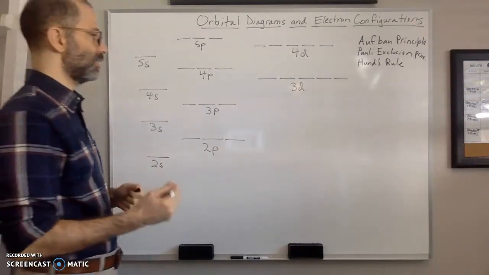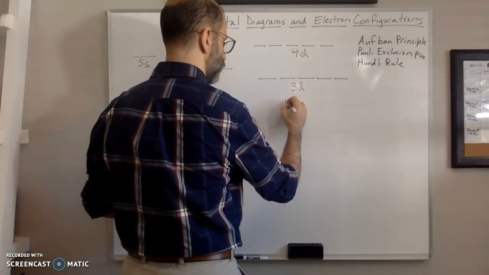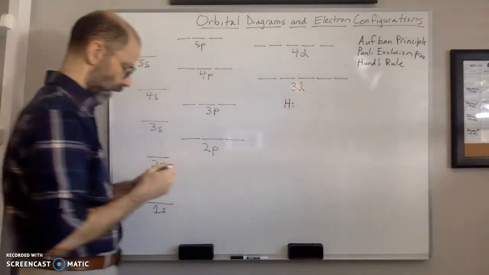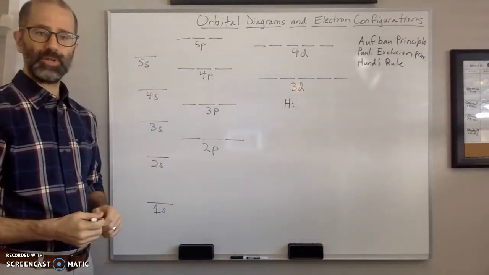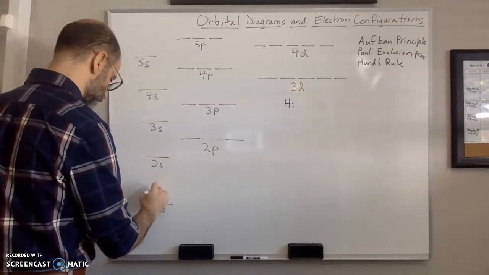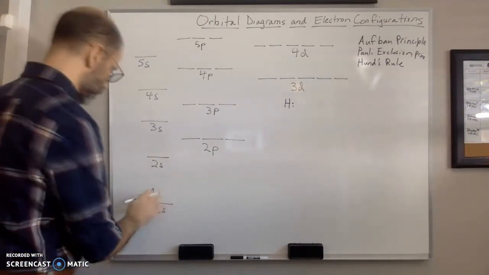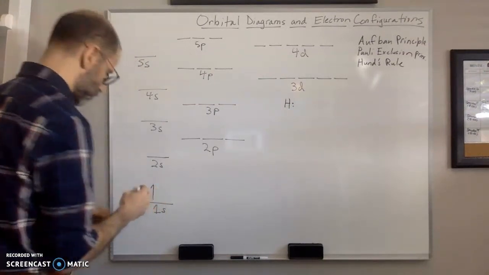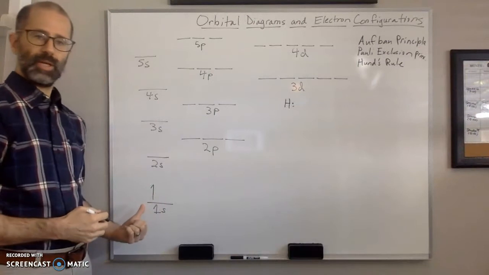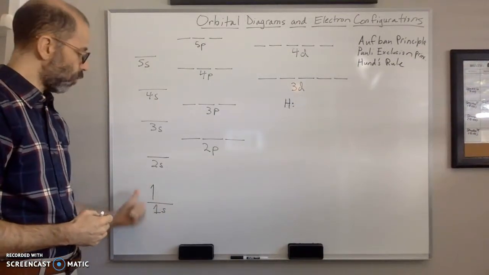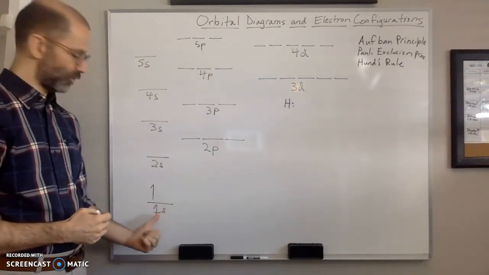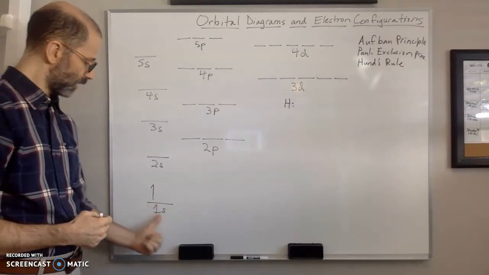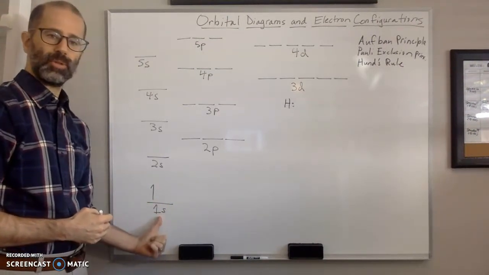So let's start easy. Let's start with hydrogen. Hydrogen has only one electron, so I put the electron in here. I'm going to write that as a half arrow, spin up. That's the orbital diagram for hydrogen. It's only got the one electron in the 1s orbital.